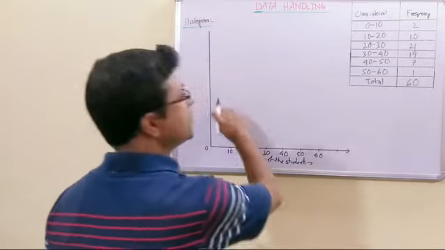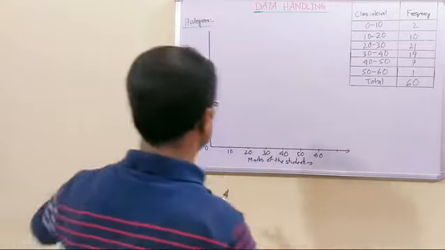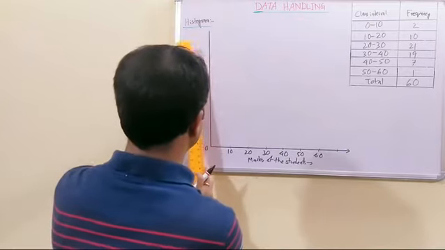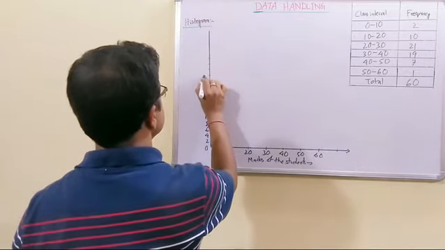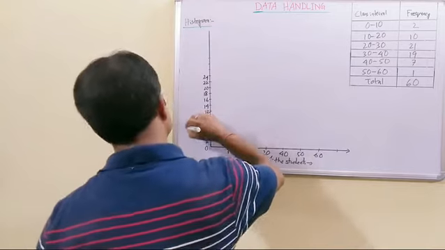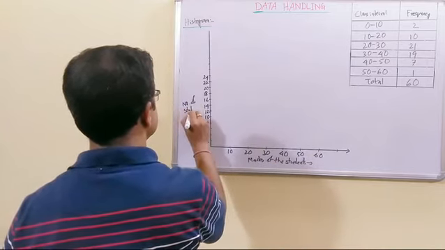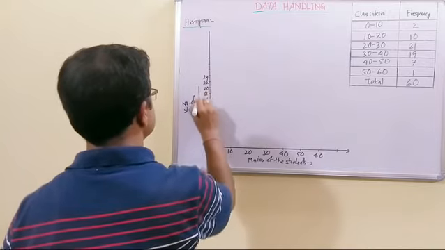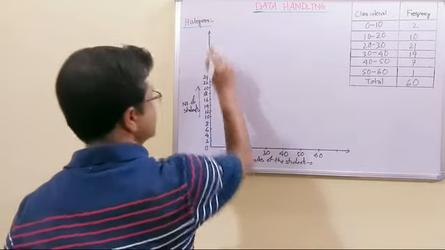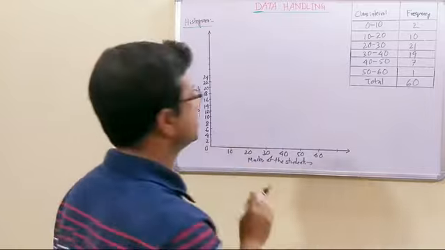Alright, here the number of students. We shall mark with equal intervals, with equal gaps: 20, 22, 24, like this. Here it will be the number of students. Alright, this is the x-axis, this is the y-axis on the graph paper.